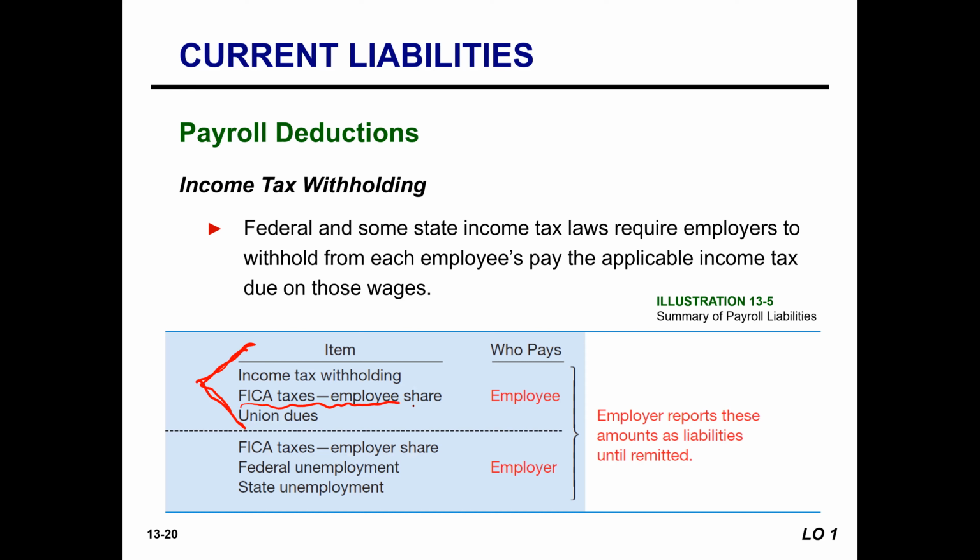So employee portion of FICA, and then union dues, or also there could be deductions for health insurance. There could be deductions for charitable contributions. There could be deductions for retirement, right? But the employee would pay those. And then the employer has to pay their share of FICA, and then FUTA and SUTA, federal unemployment, state unemployment.